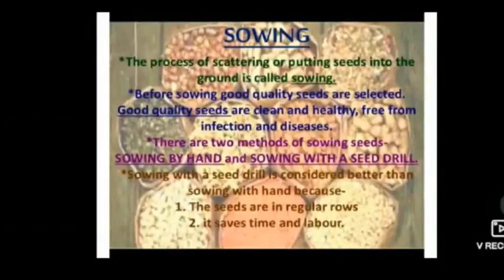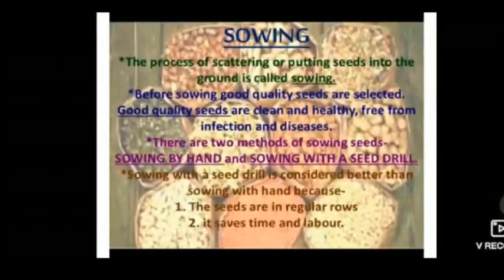The definition of sowing: the process of scattering or putting seeds into the ground is called sowing. There are two methods of sowing seeds. First one is sowing by hand and the second one is sowing with a seed drill.